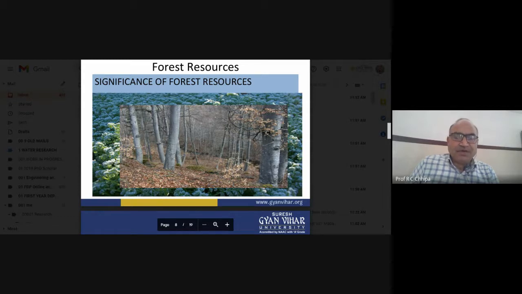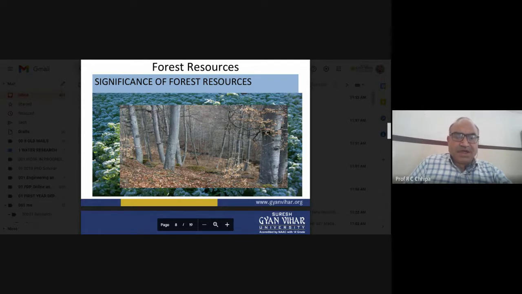The whole forest area gives us specific characteristics, and because of that, forest resources are relevant to human sustainability. If these forest areas are lost, the amount will definitely be reduced. We have to see the back of the picture, where a large number of forests are available.